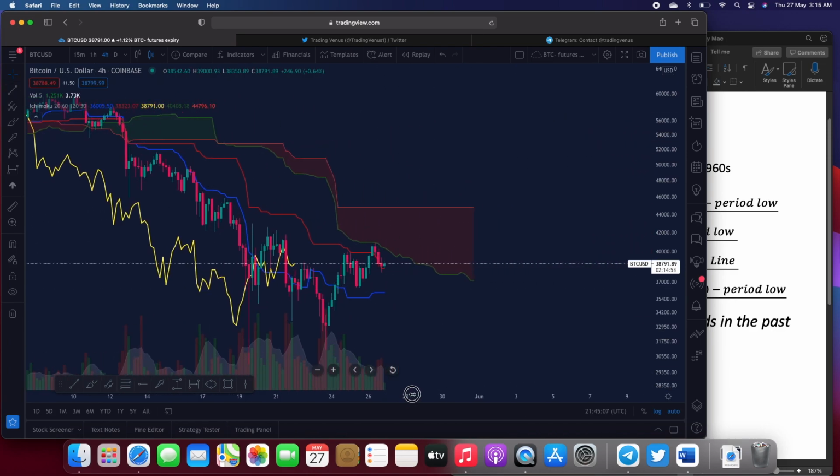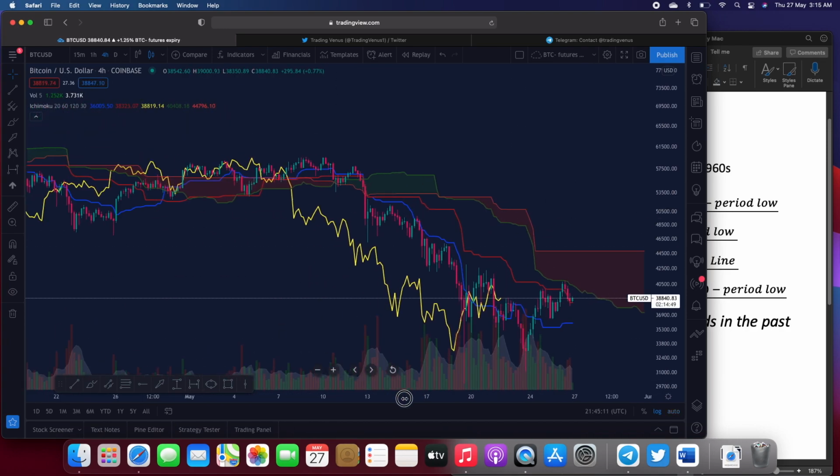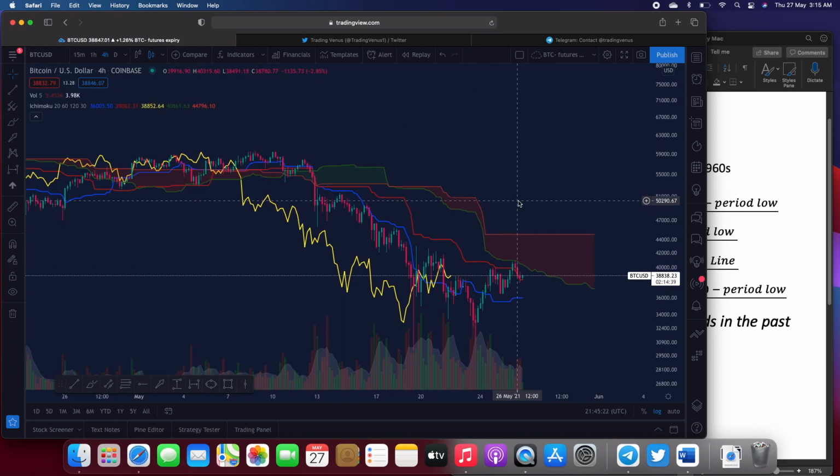When we use all of these indicators together, we have a strong sense of where the market would be going, where we can find resistance, where we can find support, and what the momentum and trend of the current market is.